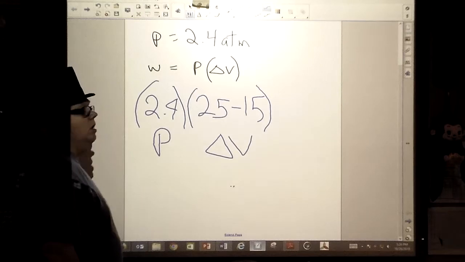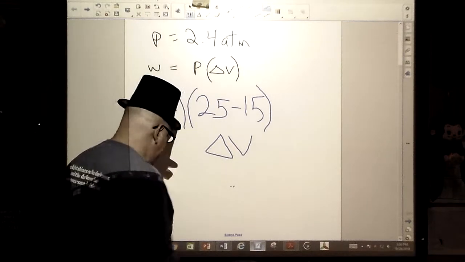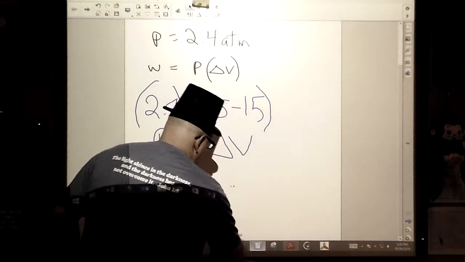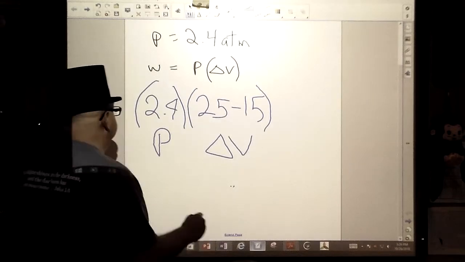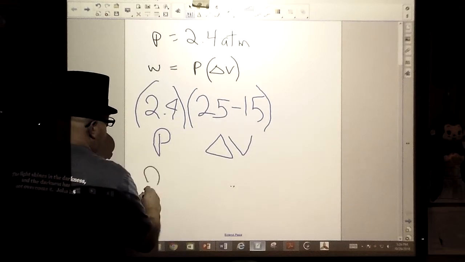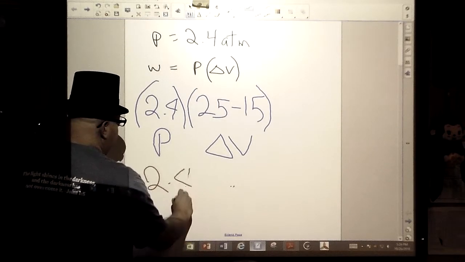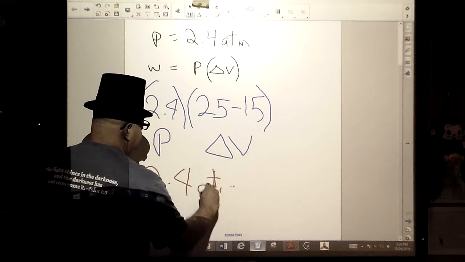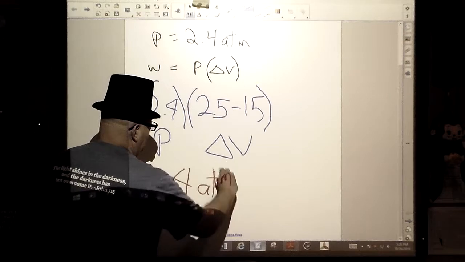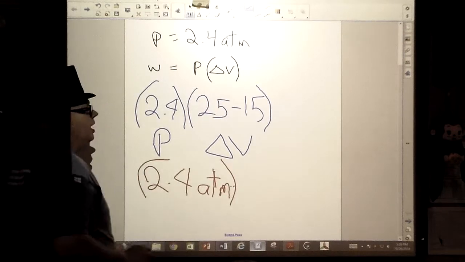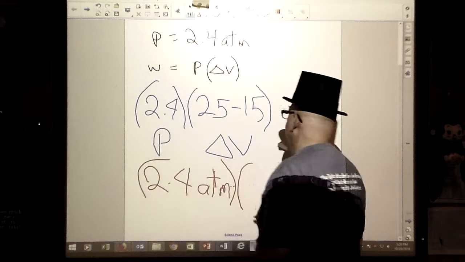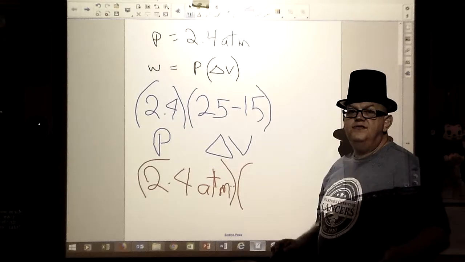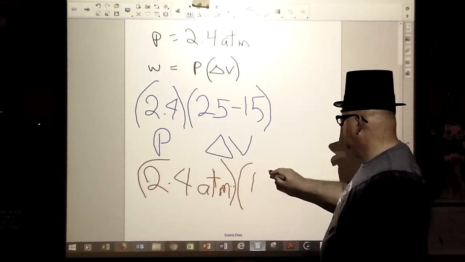Okay? So when we do the math, and notice I'm switching to another color, we'll have 2.4 atmosphere, multiplied by 25 minus 15 is 10.